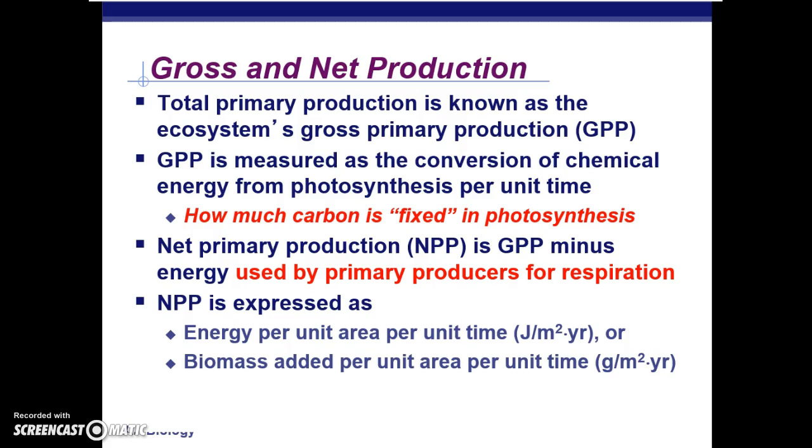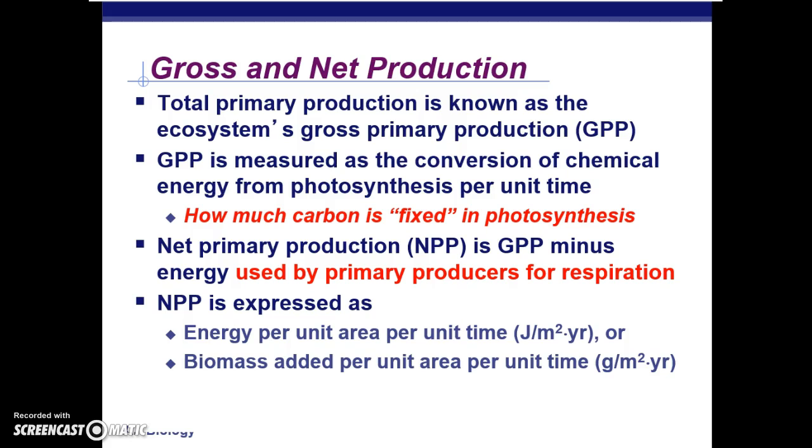And when we add up this total primary production in an ecosystem, we call it the GPP, or gross primary production. It's measured as the conversion, again, of chemical energy per unit time.